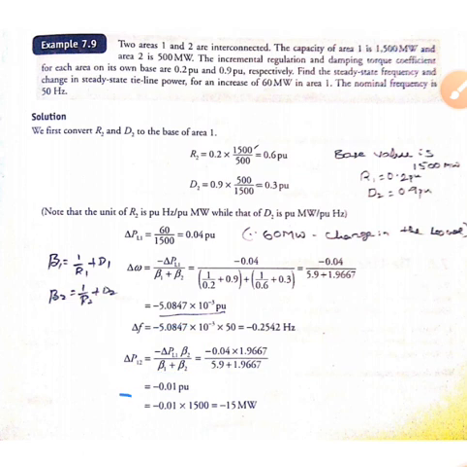After substituting and simplifying, we get delta P12 as minus 0.01 pu. Delta P12 is the deviation in the tie line flow in per unit. This can be calculated in actual units by multiplying this value with the base value. The base value is 1500 megawatt, so we get delta P12 as minus 15 megawatt.